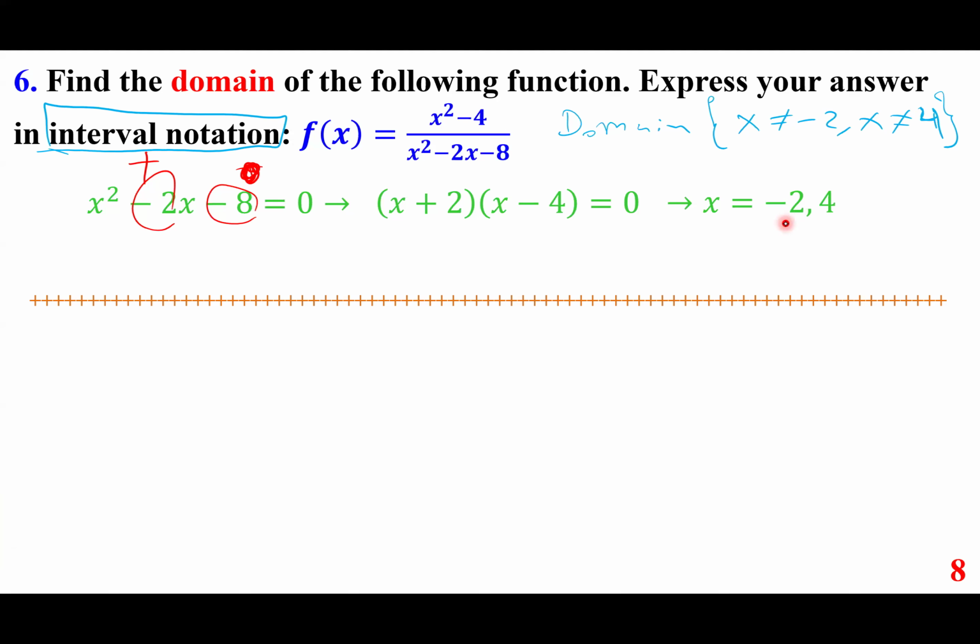Basically, from negative to positive infinity, how do you exclude those two numbers? Negative infinity to -2, parentheses, union, parentheses -2, 4 parentheses, union 4, infinity, everything takes parentheses. That's how you're excluding the endpoints -2 and 4. As always, negative and positive infinity will always take parentheses.